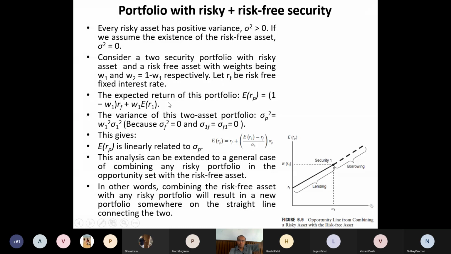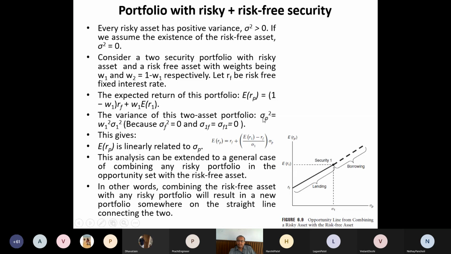The risk-free asset has its own fixed return value, so it will not relate to the market. So that's also 0, and that's why we have sigma P square equal to W1 square sigma 1 square. Actually, it was W1 square sigma 1 square plus W2 square sigma 2 square plus twice W1 W2 into sigma 12. But sigma 2 is 0 and sigma 12, which is here sigma 1f, is also 0. So we have this. Okay.